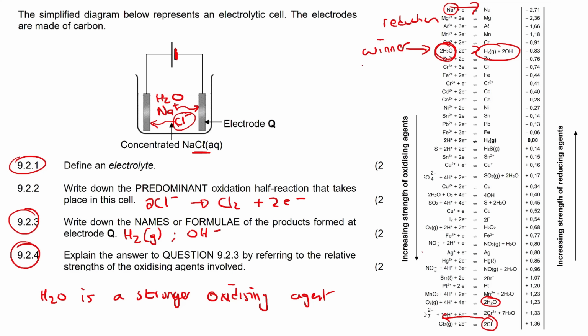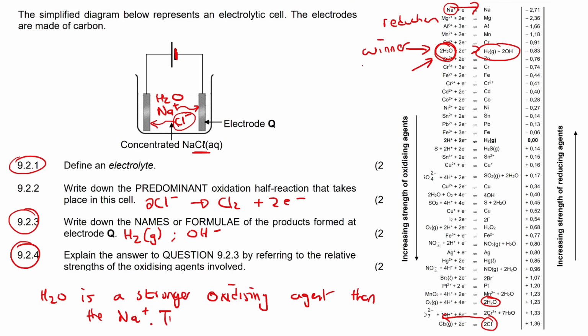Because you can see here, look at the arrow, as it goes down, it says increasing strength of oxidizing agent. So the lower down it goes, the stronger it becomes as an oxidizing agent. So because H2O is lower down than the Na+, the H2O is a stronger oxidizing agent than the Na+.